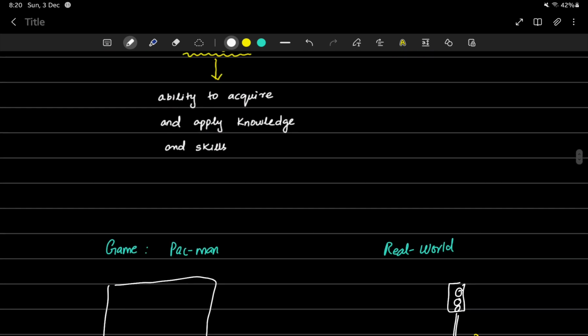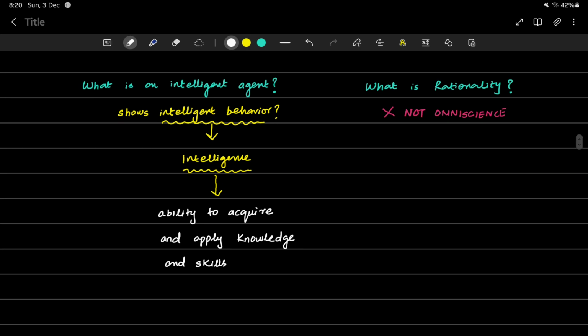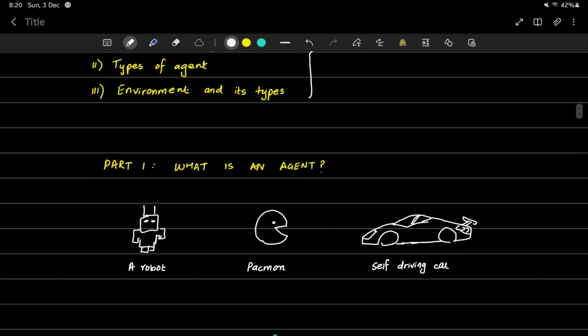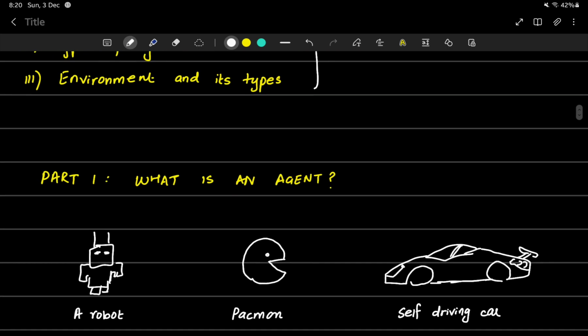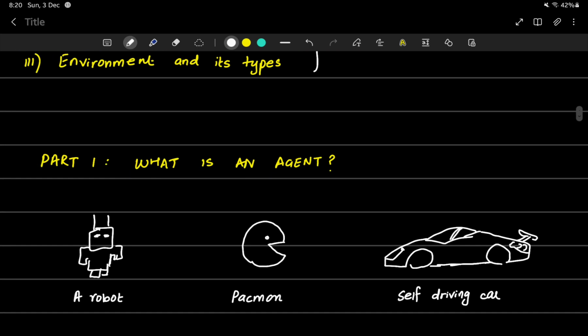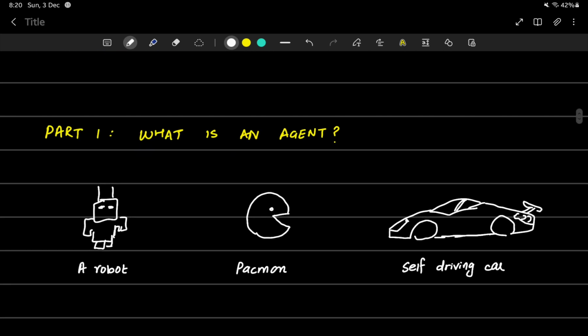Okay, so now I have been using this word agent a lot, right? So what exactly is an agent? The way I like to think about this is, an agent is mainly the main character of your story. Let's say I want to build an AI for my Pac-Man game, then my main character would be that yellow Pac-Man dude, right?